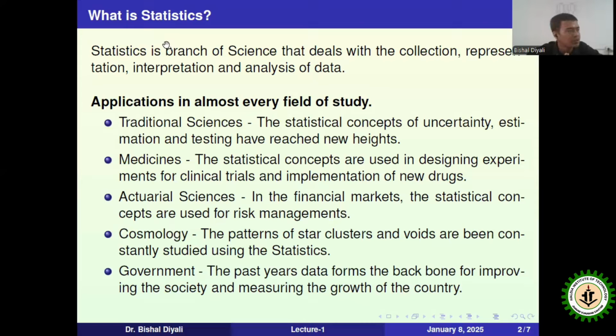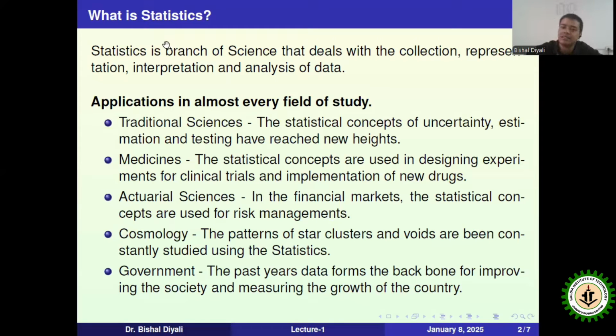Statistics has application in almost every subject of the world. Maybe it has not much use in literature, but still literature can also use statistics for historical experiments and all. Let us not talk into this.